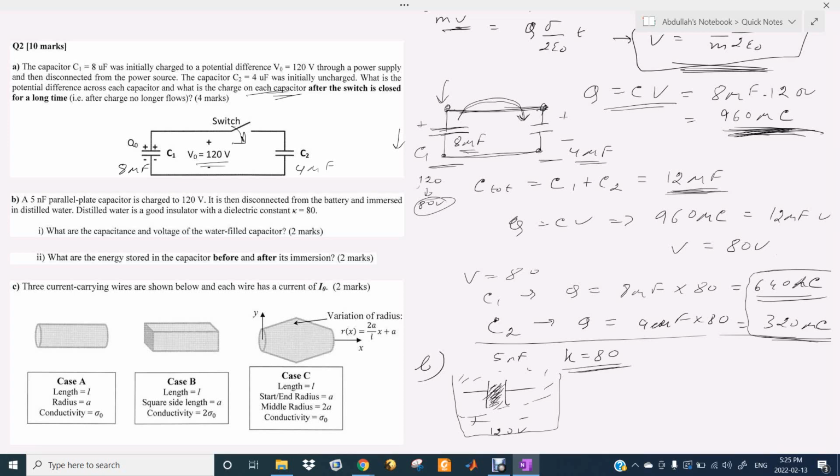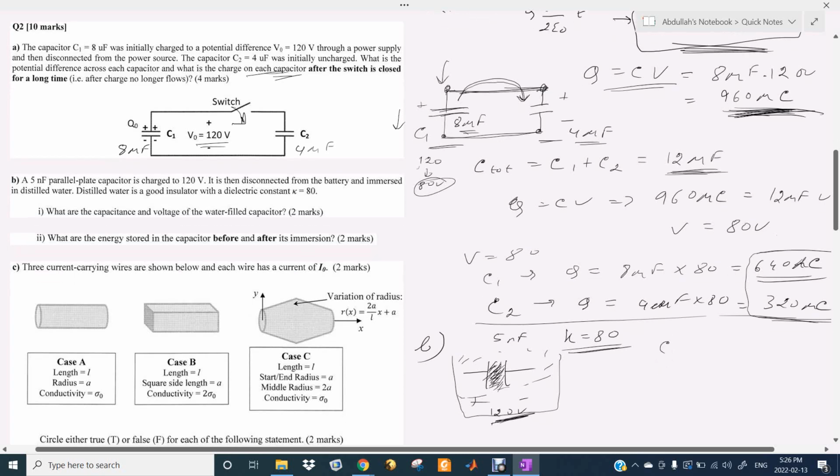And now what happens? Since it's a dielectric, it can store more charge. So the capacitance will increase, and once the capacitance increases, the voltage across the capacitor has to decrease. Initially you started with 5 nanofarads, but that was for air.